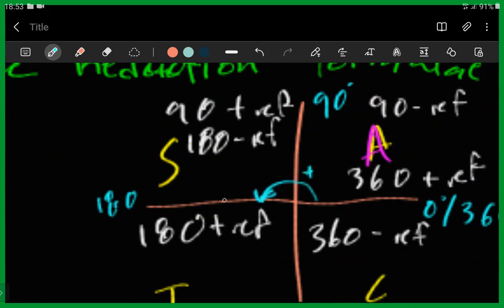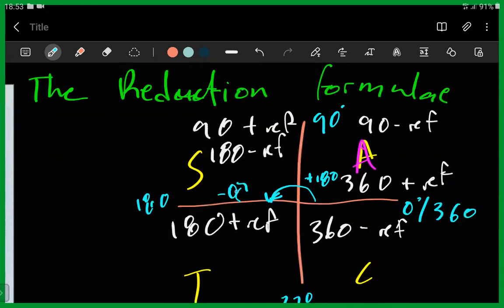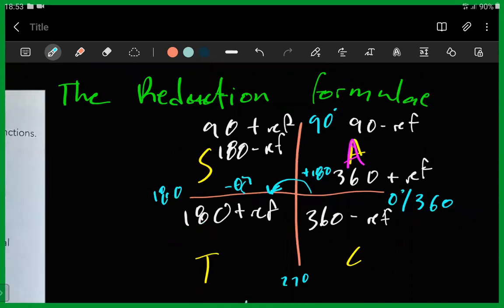And then the moment you subtract, you have to go back. This is supposed to show you that if you have a plus, a positive number, it means that you go anti-clockwise. If you're dealing with a negative, you go clockwise. It makes your life easy.